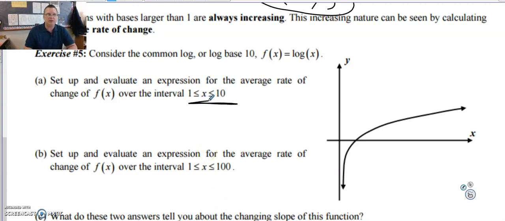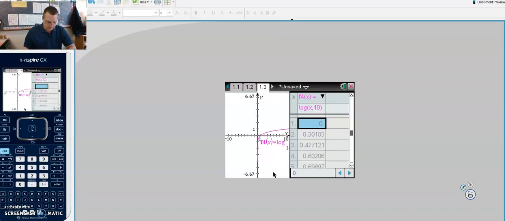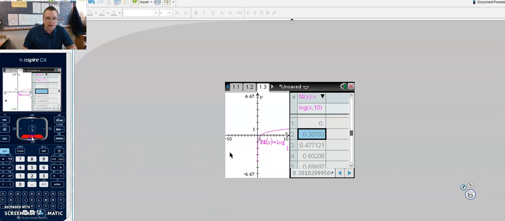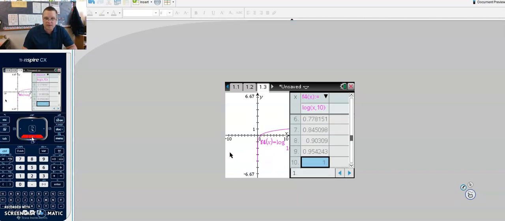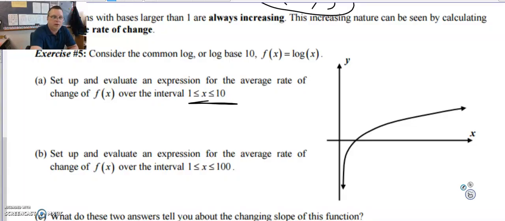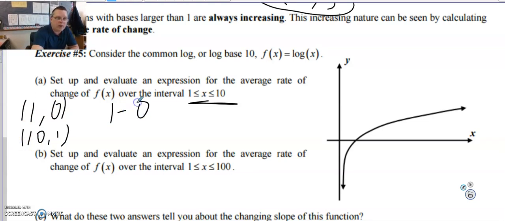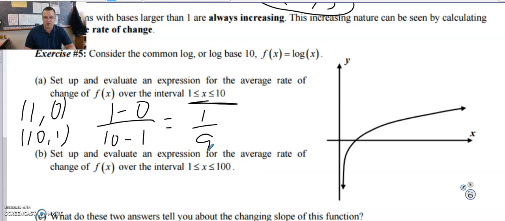So that means you need to look at (1, 0), and then we go to (10, 1). Remember, rise over run, y2 minus y1 over x2 minus x1. And it's 1/9. That's the slope.